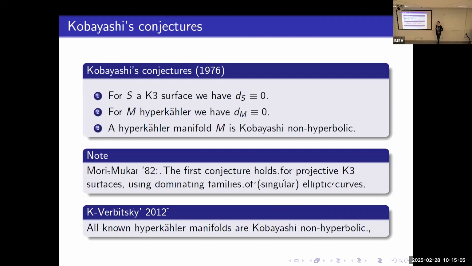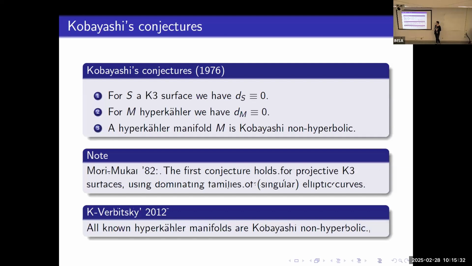That's because we were interested in a different problem. We were actually trying to prove a density of Lagrangian fibrations in the moduli space of hyperkahlers. And once you have a Lagrangian fibration, you have all these abelian varieties as fibers, then you get non-hyperbolicity automatically.